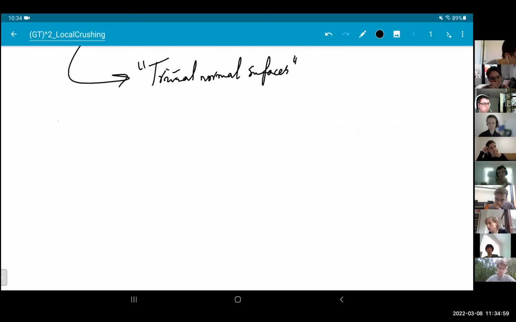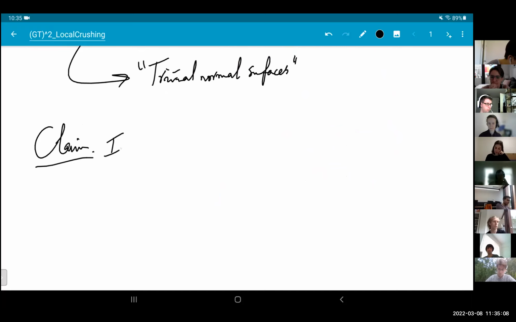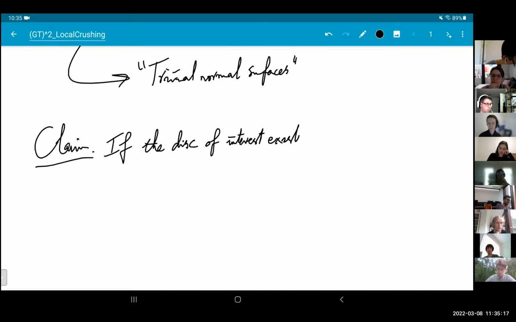Now I'm going to make a claim, which I won't have time to justify, which is we're looking for a disk, some embedded disk. And the claim is if the disk of interest exists, we can make it normal. I'd love to justify this, but I won't.